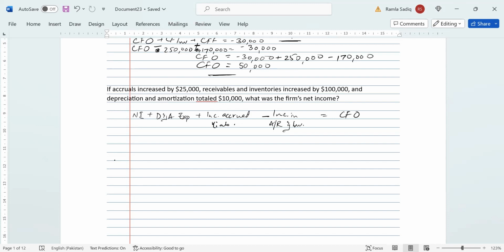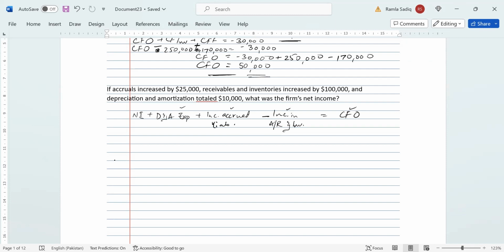Now, technically, in this entire equation, we've been given accrued liabilities, receivables and inventories, and depreciation and amortization. We already calculated our cash flow from operating activities up here, so we need to calculate the net income.